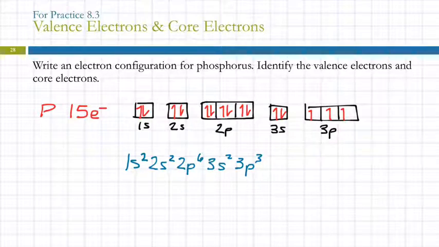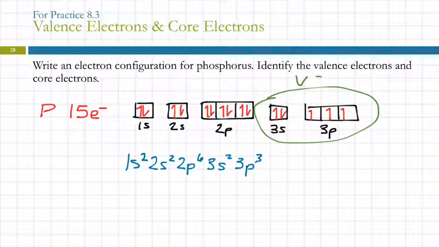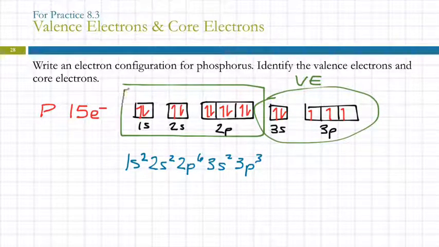So these are the valence electrons. They're on the highest floor of the hotel that has anybody staying on it. Everything else is the core electrons. So if we're looking at the electron configuration, these are the valence electrons, and these are the core electrons.